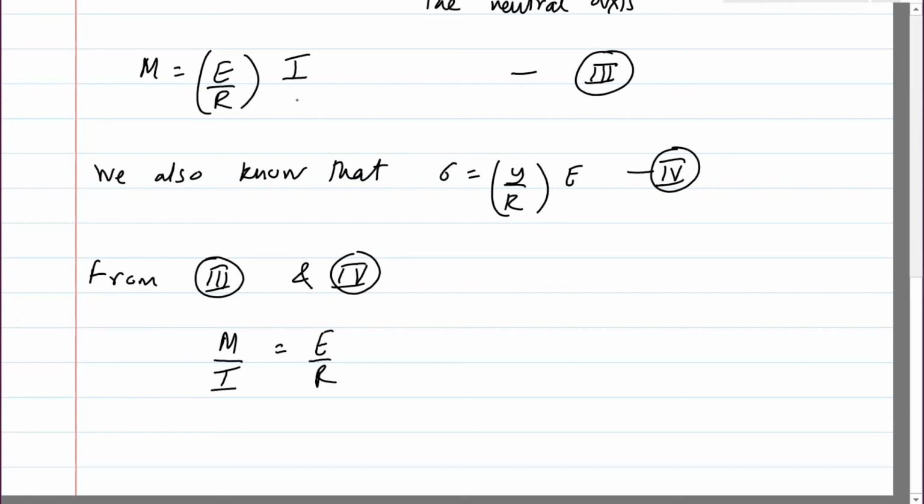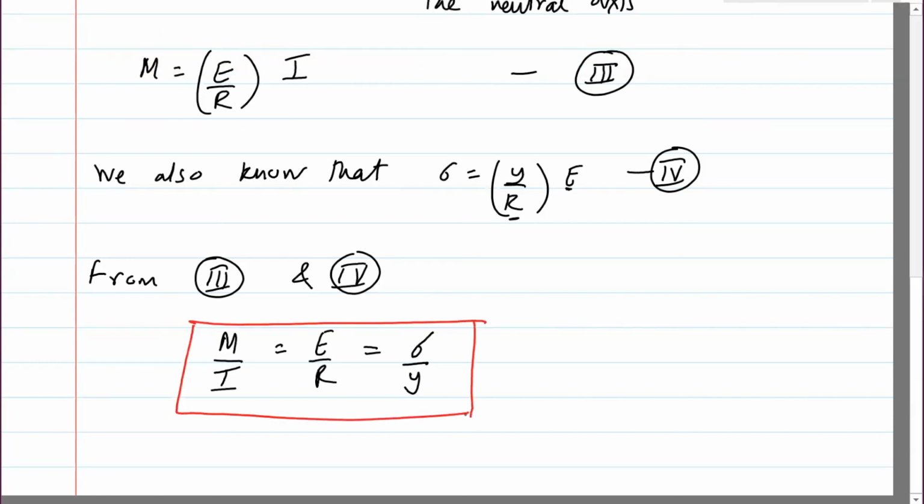You can see that from 3, right? But that E divided by R is also sigma divided by y. So that's the expression which I think is the only expression you need to know in this section in order to solve problems. That is, if you know M, which typically comes from the bending moment diagram, you can find sigma because you know the section modulus, which you can compute.